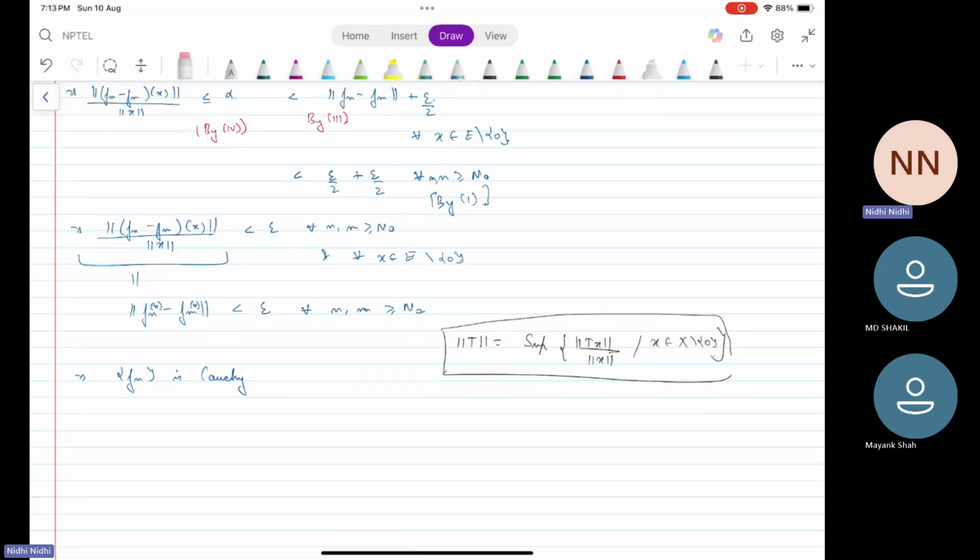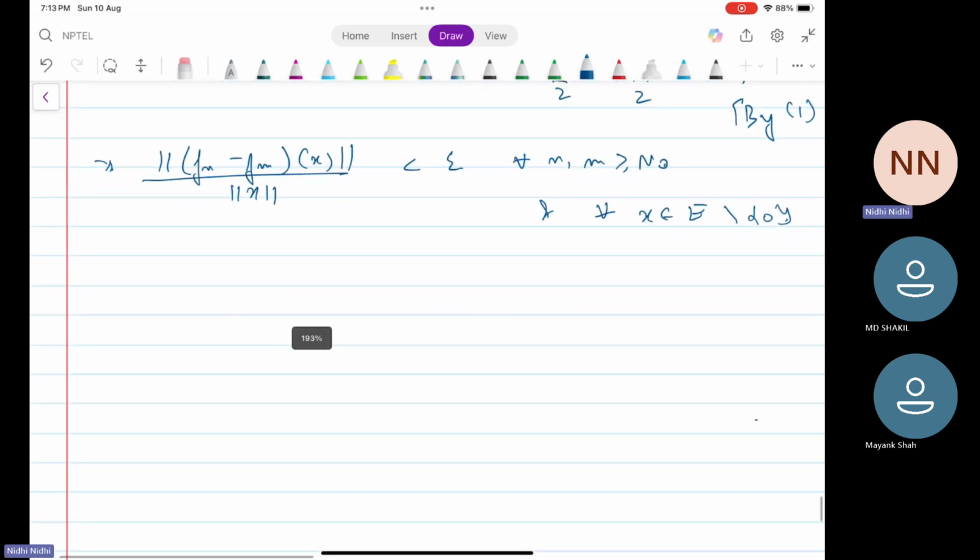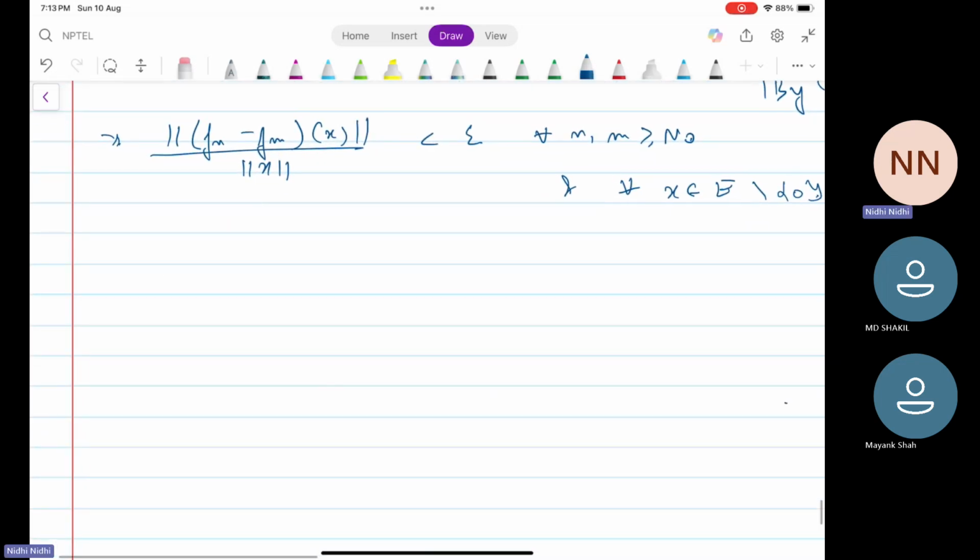I'm so sorry, there's something wrong. So all we need to show from here is that Fn x is Cauchy.